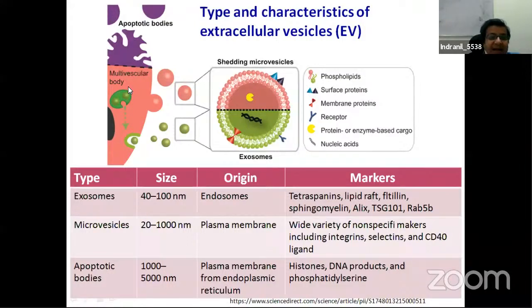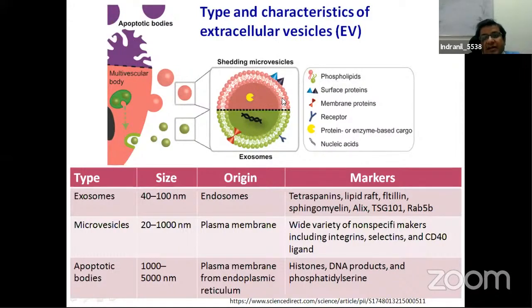Now in that schematic, you can see that the apoptotic body is produced when a cell is dying. In the other cases, exosomes and microvesicles are produced from live cells, most of the time in healthy conditions. And when they are produced, they contain a lot of bioactive components, as I mentioned just now.